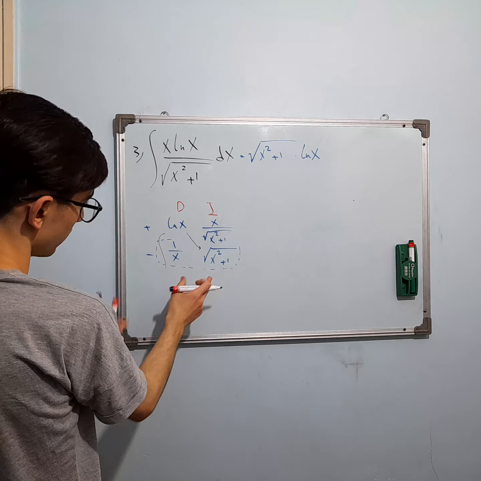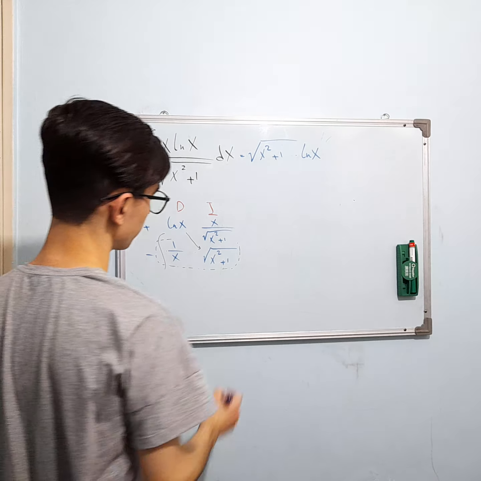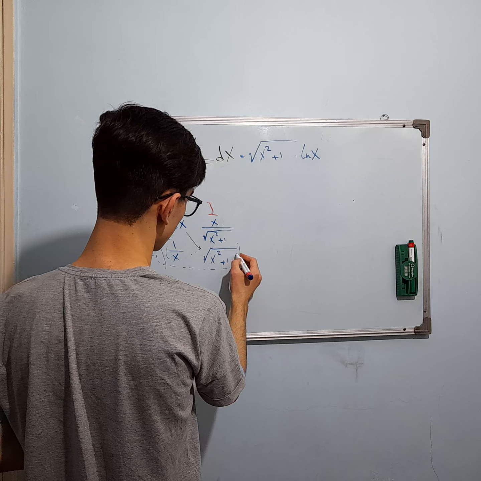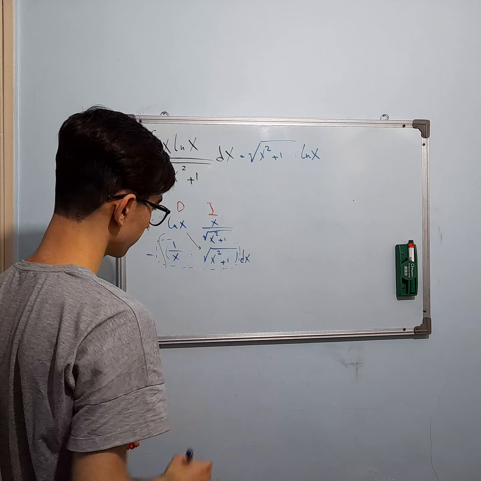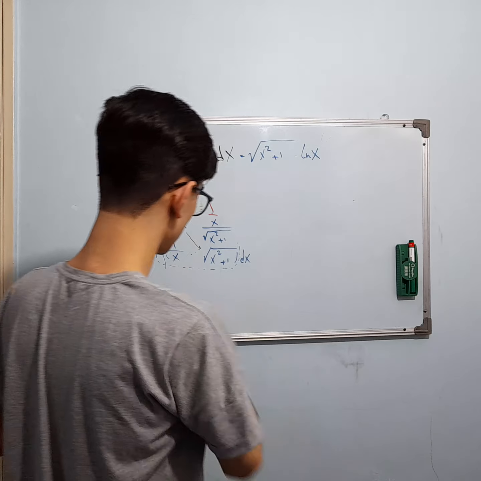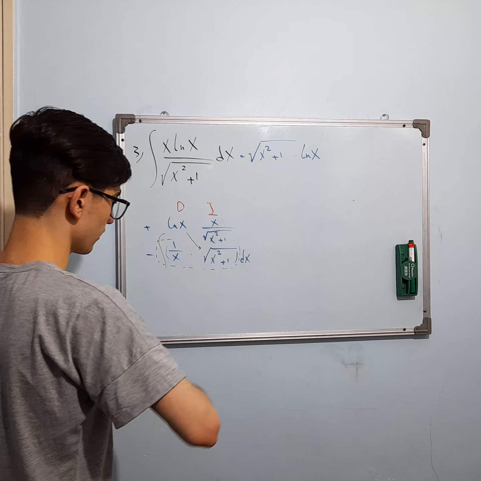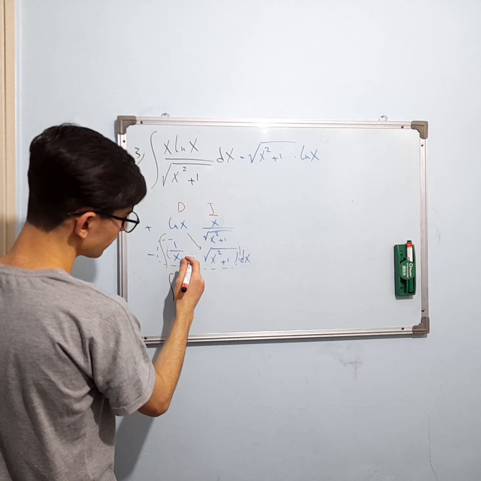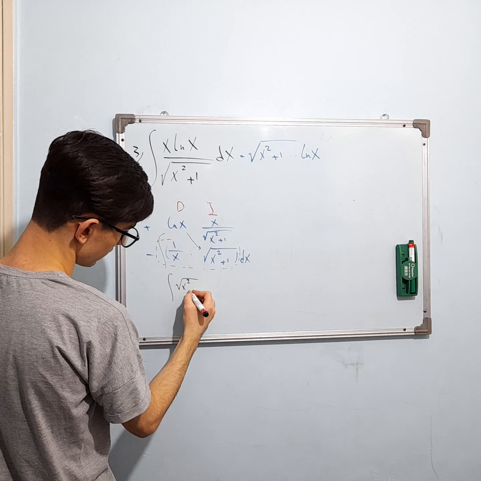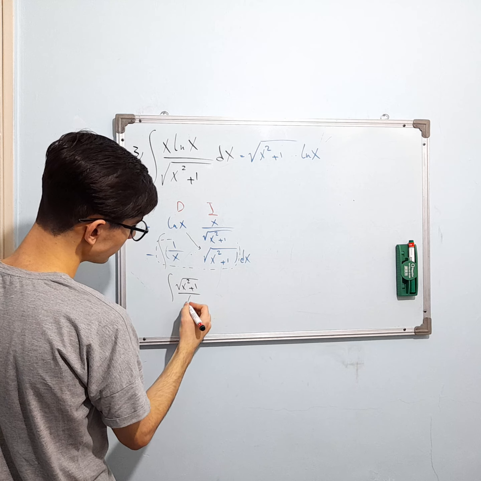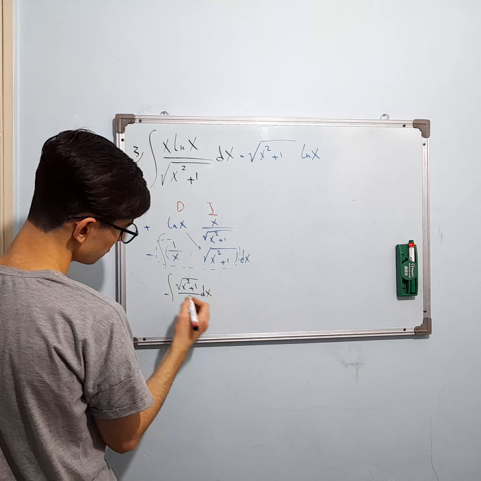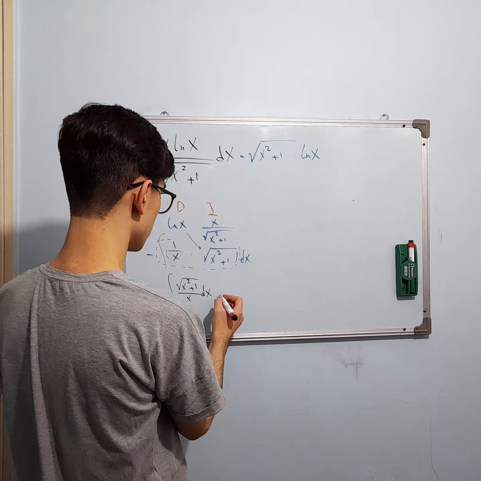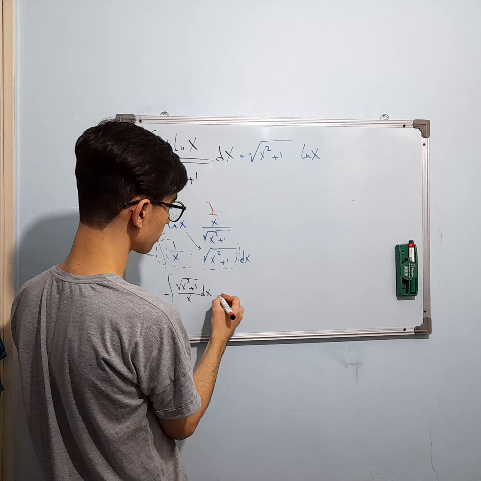And now you have to count this dx. I'll write it for you here. If I multiply this, I get the square root of x squared plus 1 over x dx, and a minus behind.